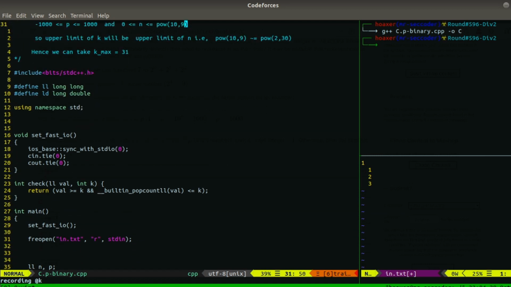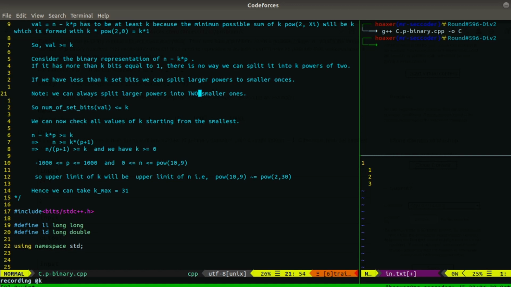You may have a doubt like why we can always split larger powers into smaller ones. Let's look at an example so you'll have a better idea. Let's say you're having a value with two set bits. Let's say we take 3, which has two set bits.